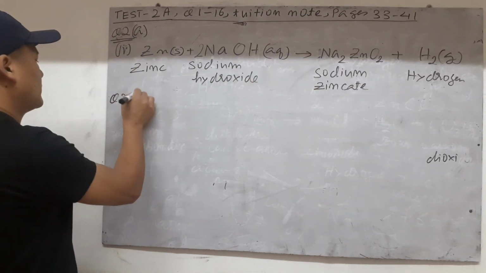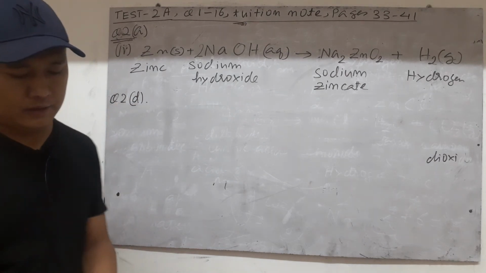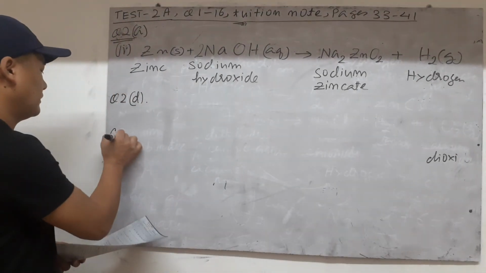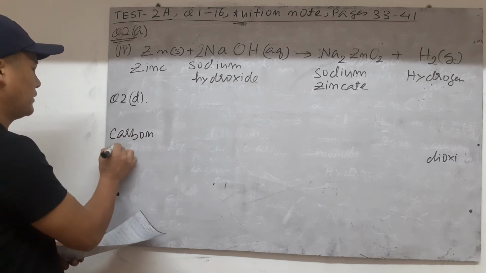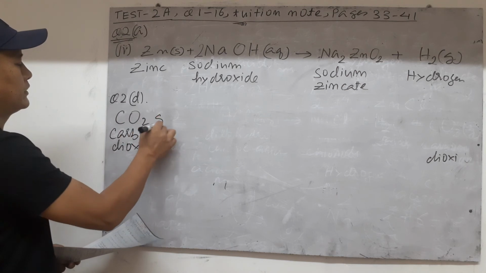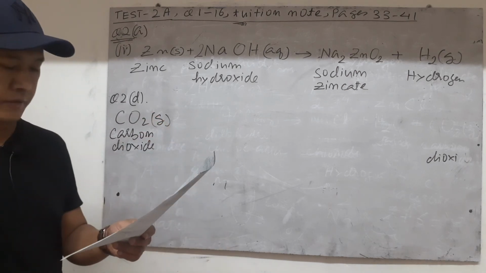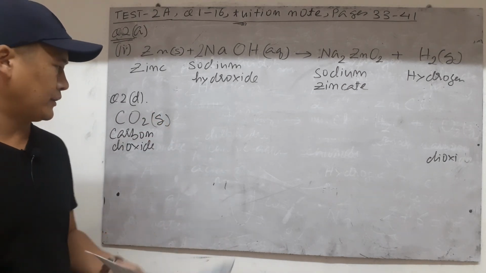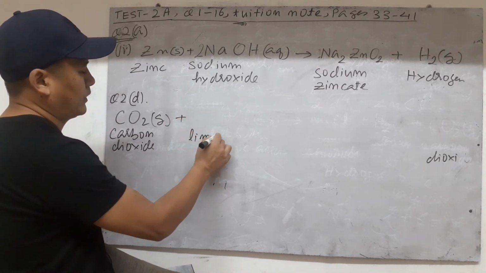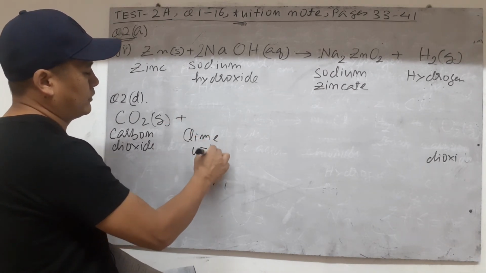So 2D is, let me read the question, reaction of carbon dioxide. So you write here carbon dioxide, one of the reactants, CO2, usually a gas, reacts with lime water. Lime water is actually a common name, okay?